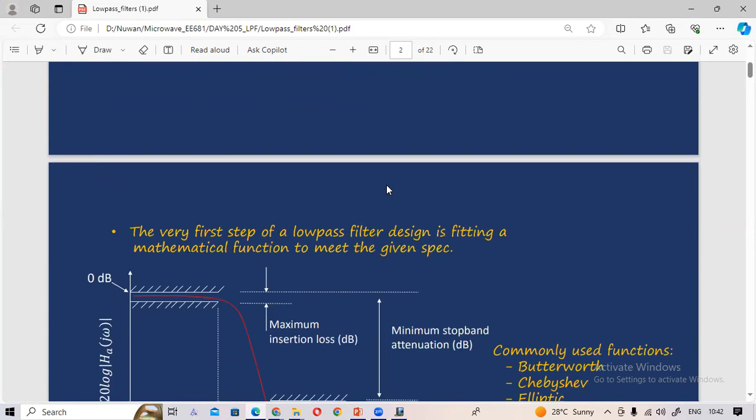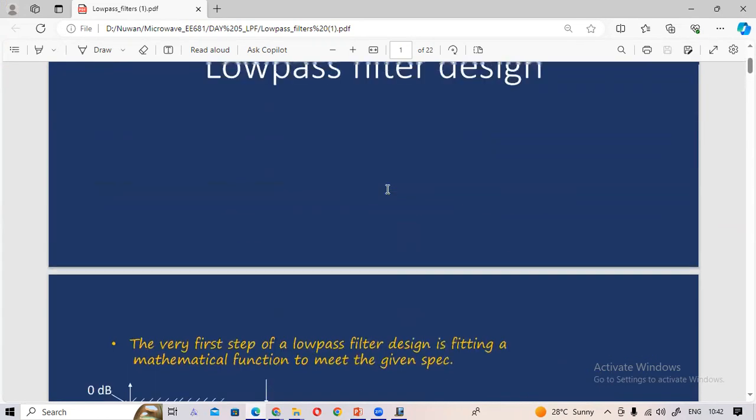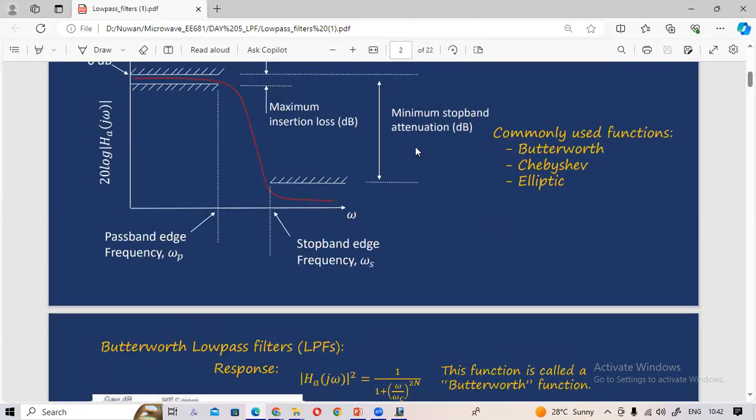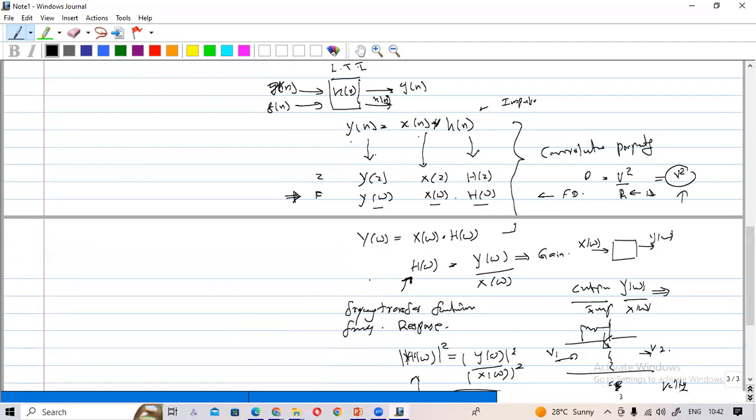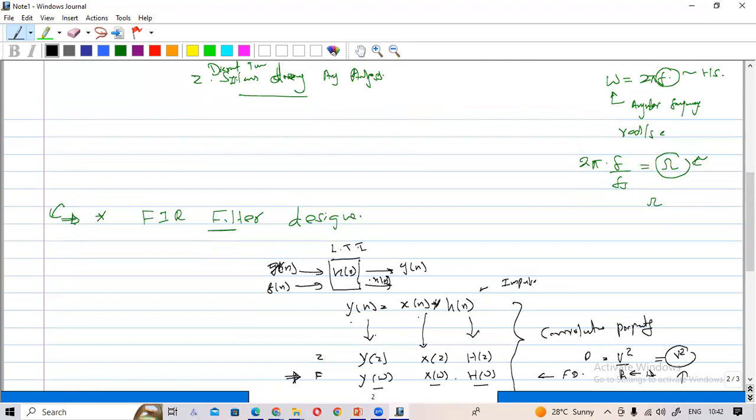So anyway, if you want to realize a filter, these are called frequency selective filters, because these filters work in a specific frequency range, which we call the pass band. Actually, in this course, we are going to design FIR filters.